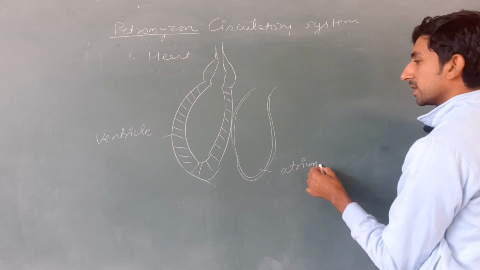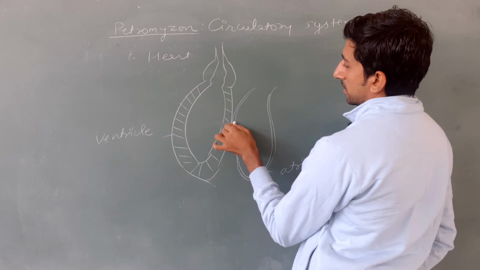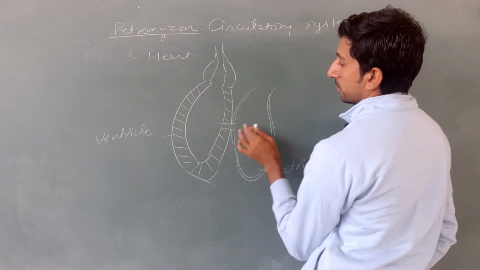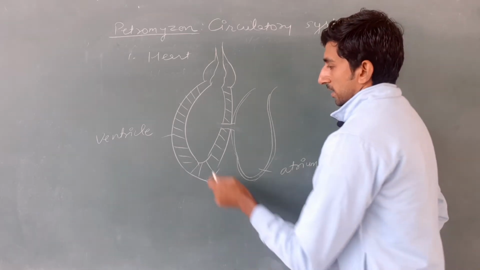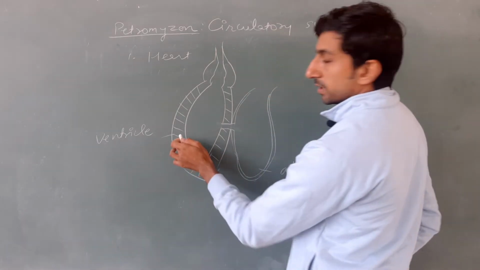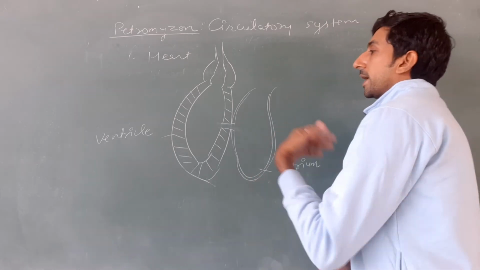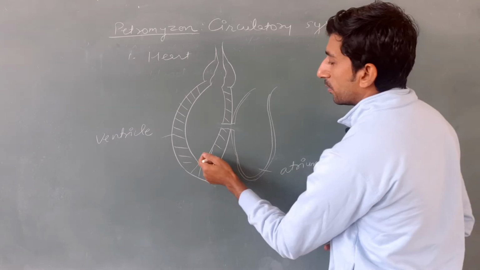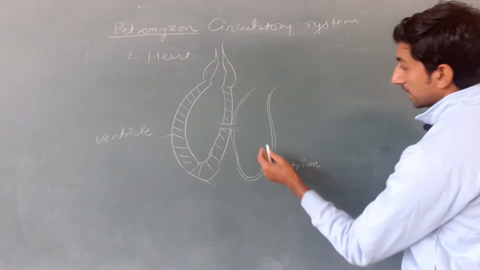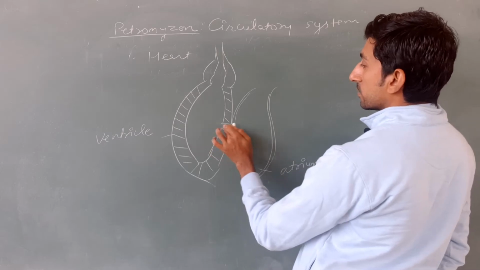Why is the atrium thin walled? Because it has to pump the blood only to the nearest chamber, which is physically very close to it. And the ventricular wall is very thick because the ventricle has to pump blood to the entire body of the organism, so it has to make more effort. The atrium and ventricle are connected with each other through an aperture.